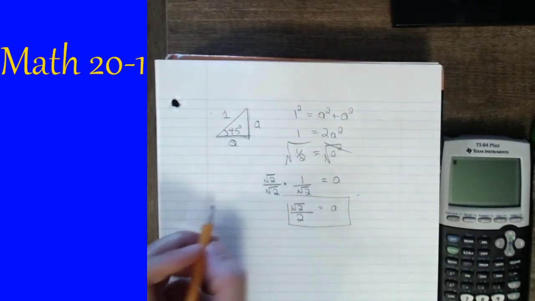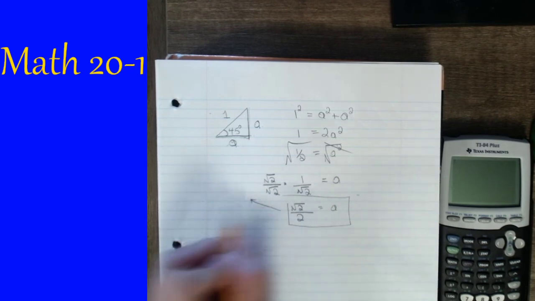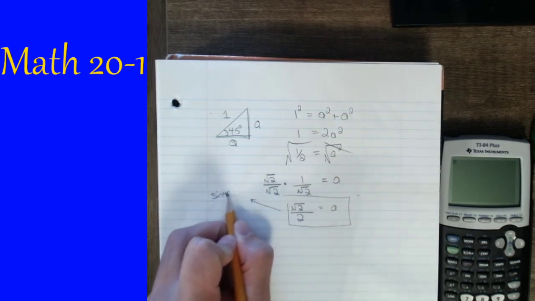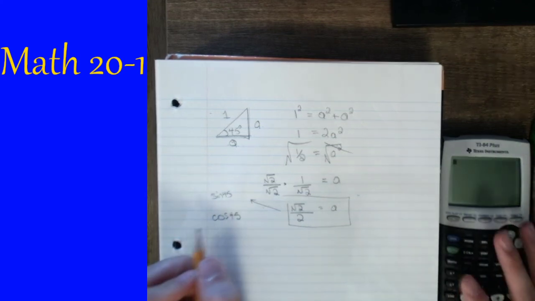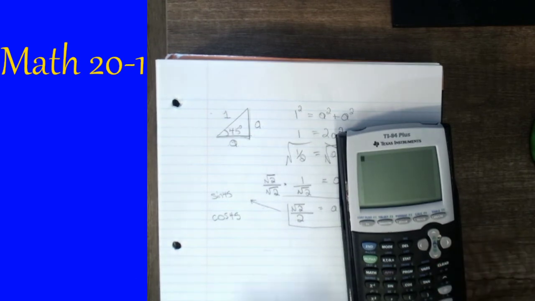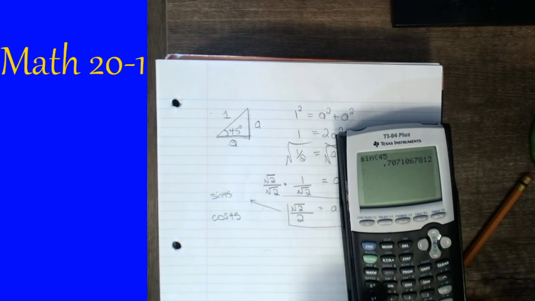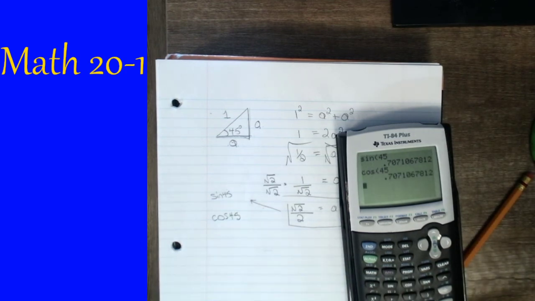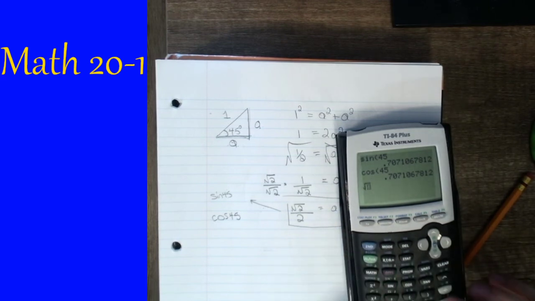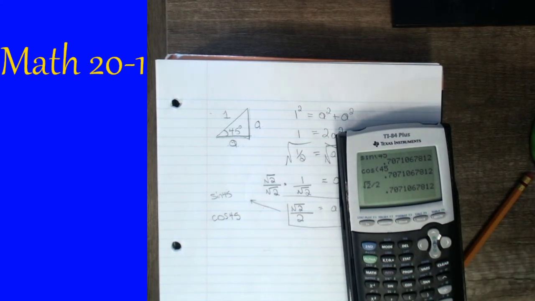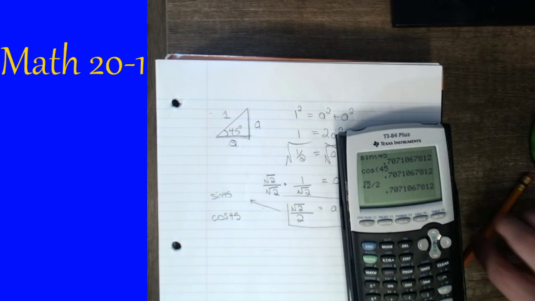So what we can then say is that this is both sine 45 and cosine 45. And so they should come out to be the exact same answer, sine 45 and cosine 45. And lastly, your calculator most often does not give you the root 2 over 2 number, but you'll see that that's also the 0.707 that we are looking at when we get sine 45 and cosine 45.